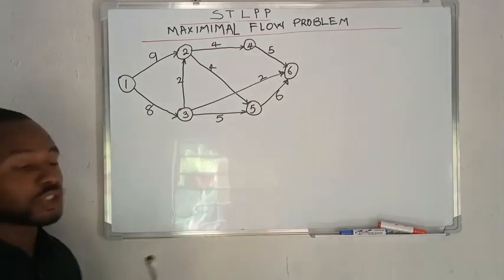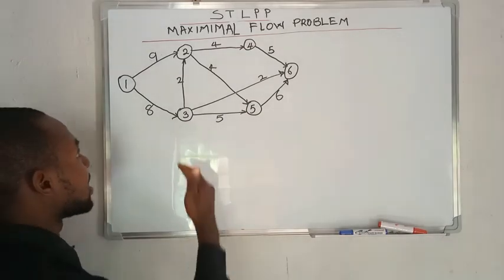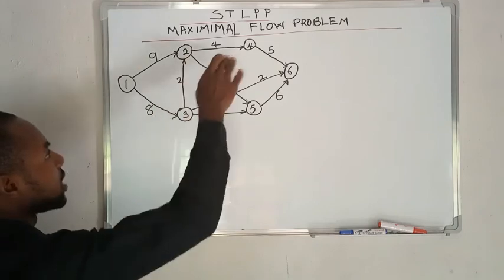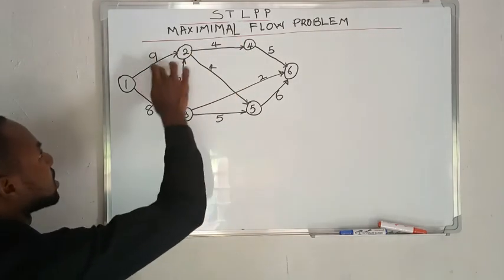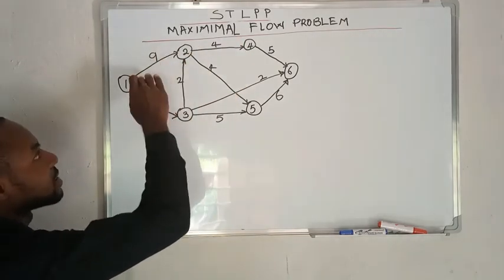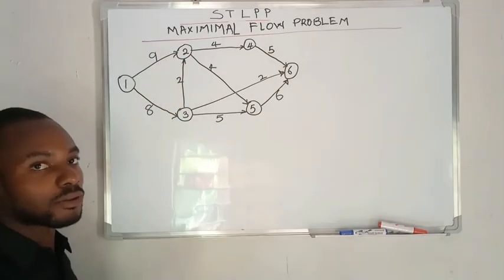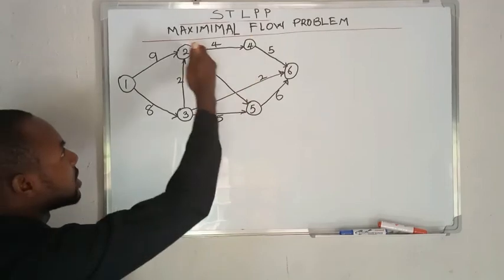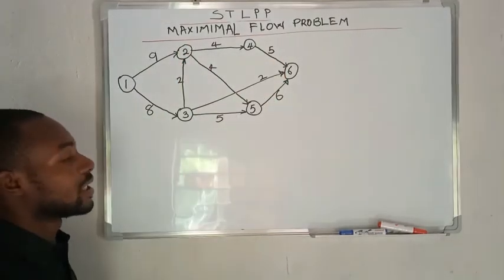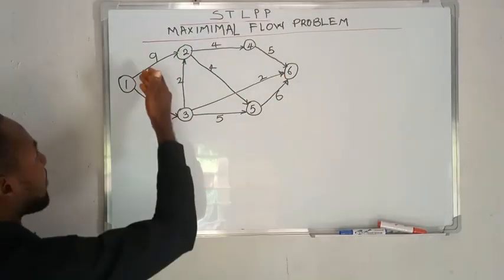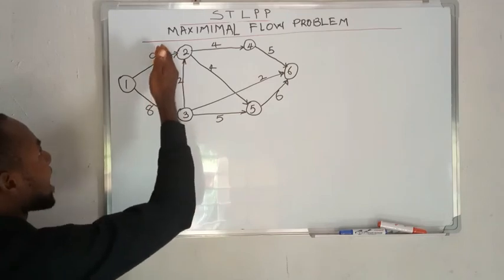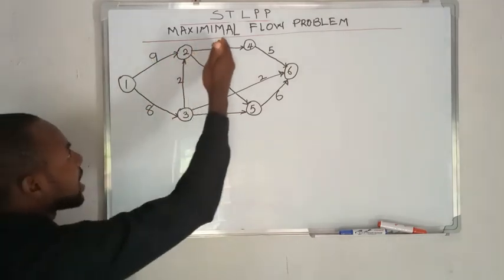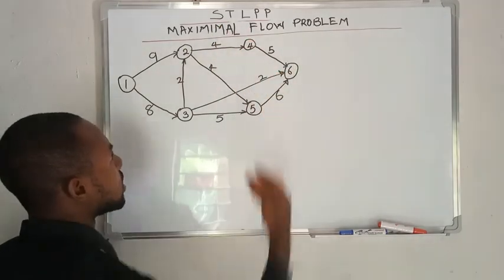So let's just assume that the network we have here is an electrical distribution, where we have the points where these cords are connected. Now these lines, let's call them cords, or cables that are connected to these places, and then the capacity of this cable is 9, and then this cable has a capacity of 8, and then this has a capacity of 4, and so on.